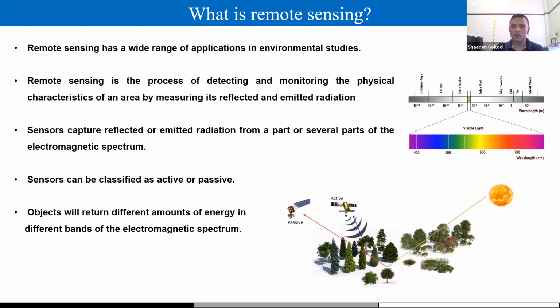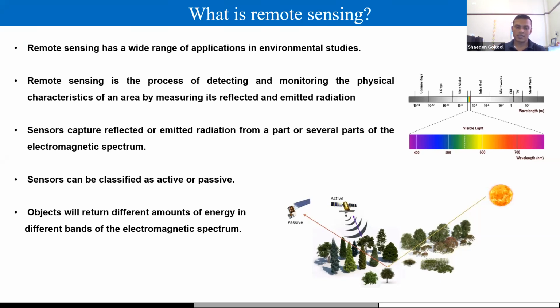The majority of what we see and what a lot of sensors are designed to capture is in the visible region. Generally your sensors will capture data in the red, green, and blue. So these are your typical RGB sensors or cameras. You also get multispectral sensors, which capture a bit more information in the infrared and mid-infrared regions. And then thereafter, you have hyperspectral sensors, which capture in the thermal infrared and so on.